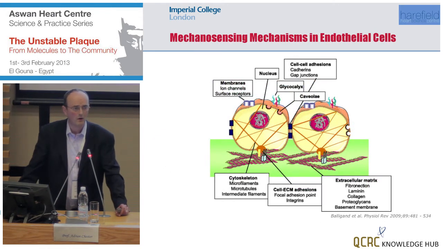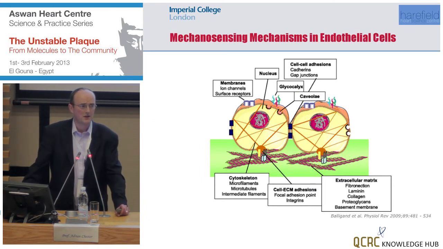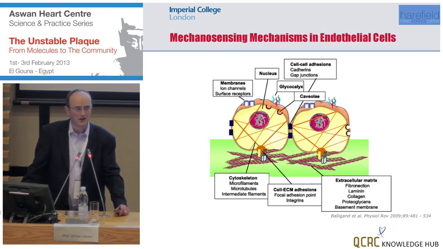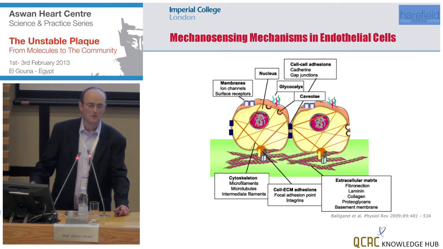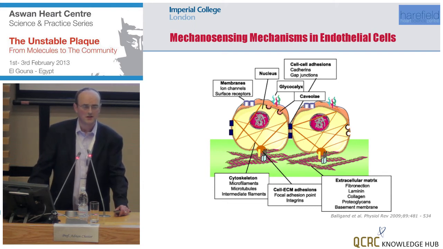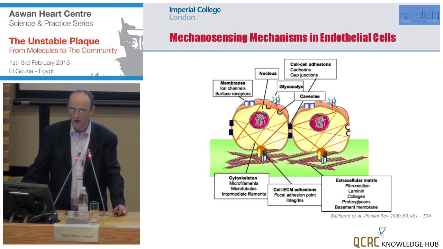So the question is, how do endothelial cells actually manage to sense the change in flow? We've looked at some aspects of changes in stiffness, changes in membrane fluidity, but there's also a whole range of potential sensing molecules and proteins that are expressed on the surface of the endothelial cells.